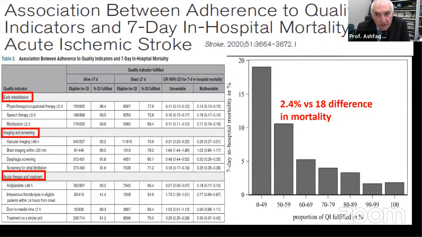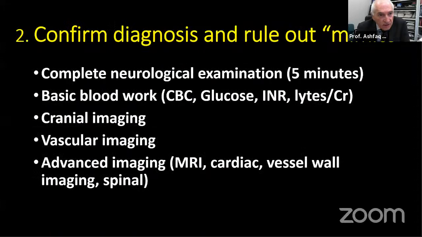All right. The second part then is confirm your diagnosis and rule out mimics. And the way you do that is, once you do an examination, it should be very brief. Most stroke syndromes follow classic patterns. For example, if you have an occlusion in the left middle cerebral artery, you would expect the patient to have some degree of speech difficulties and right-sided weakness.